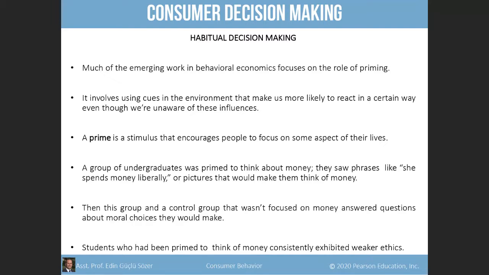So they saw the pictures and the video of such a person. The prime here was money. The students are shown money and its power to purchase things. The second group of students was not shown anything.